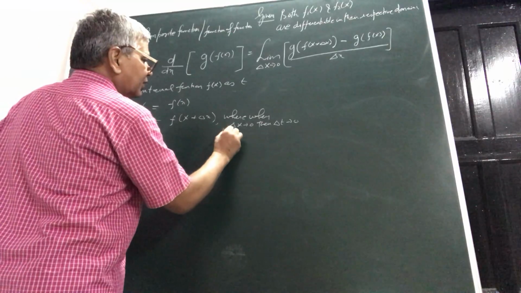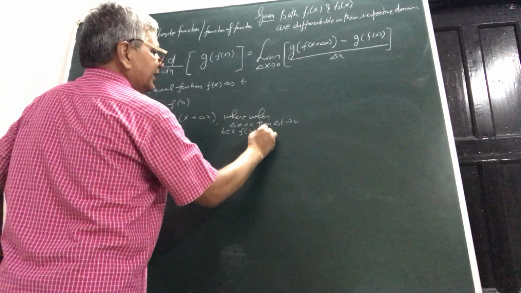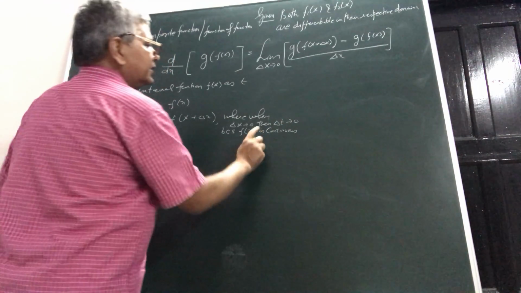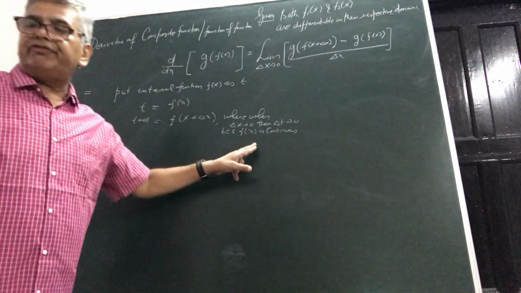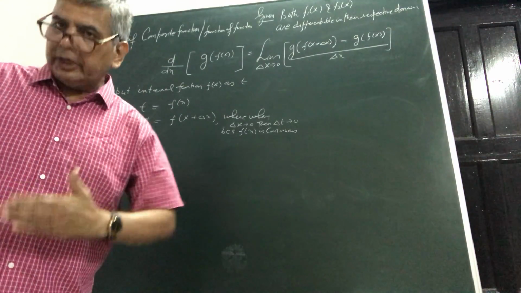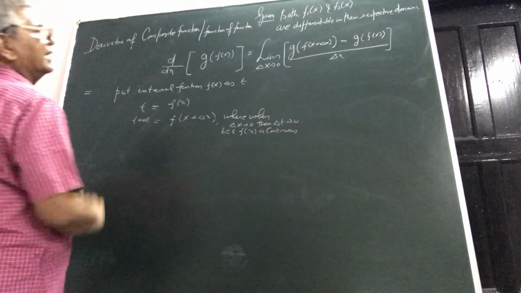Because f(x) is continuous. Why continuous? Because it is differentiable. A differentiable function is always continuous. So we are justified in writing like this.